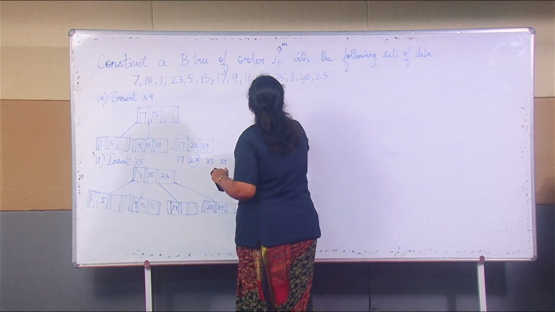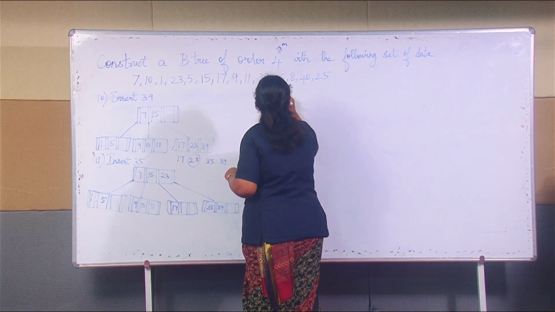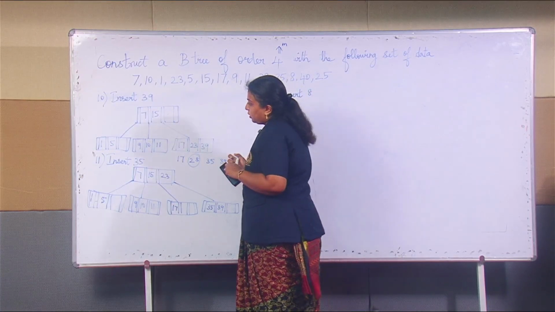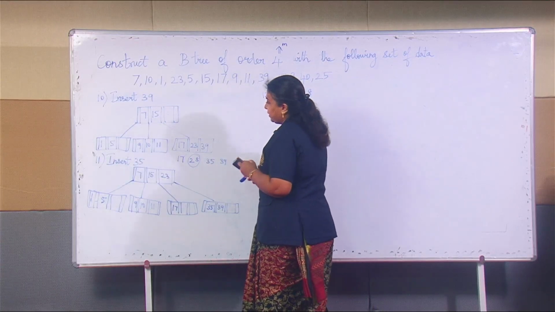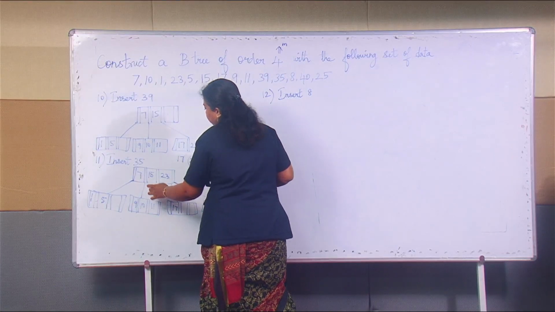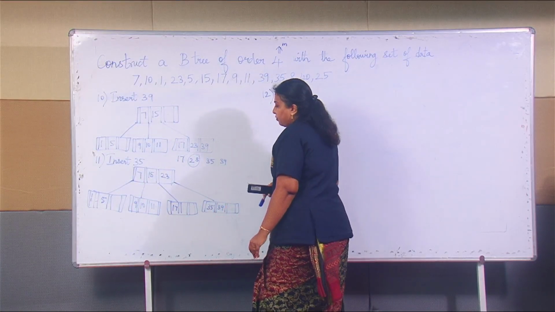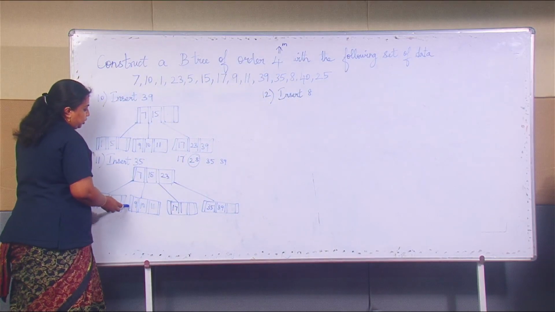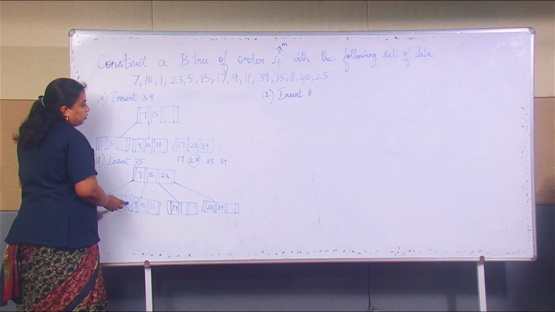So the 12th step will be insert 8. Insert 8. So the value 8 should be inserted before 9 and after 7. So how we are going to do that? Here it should be placed here, but there is no space.